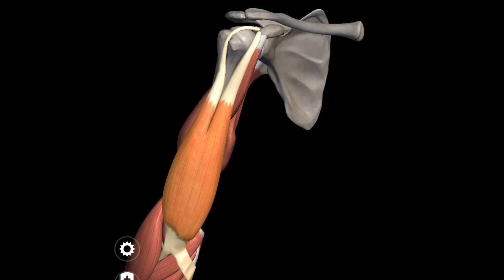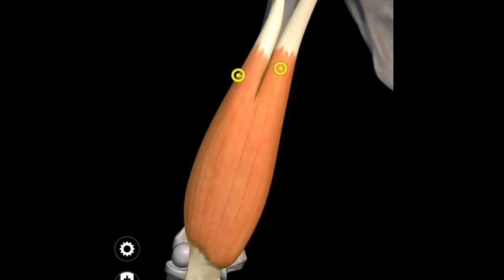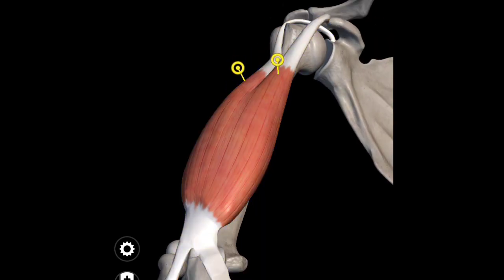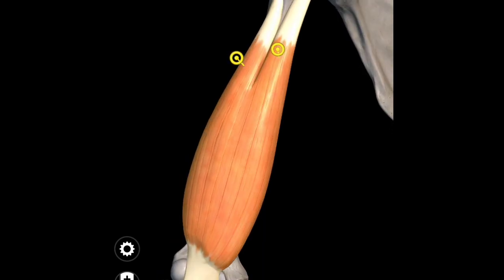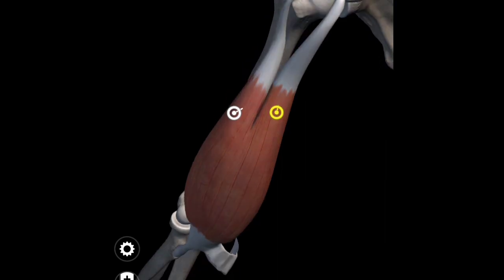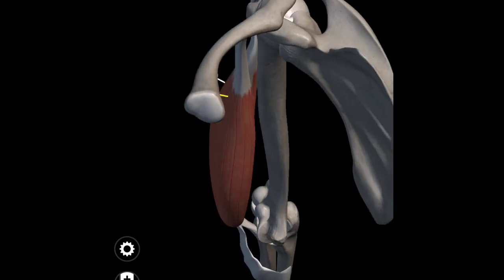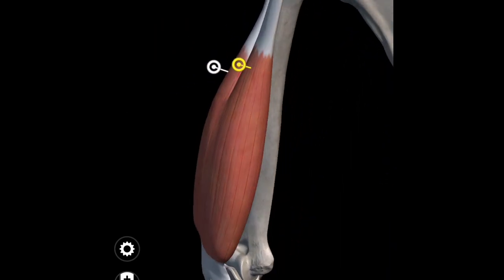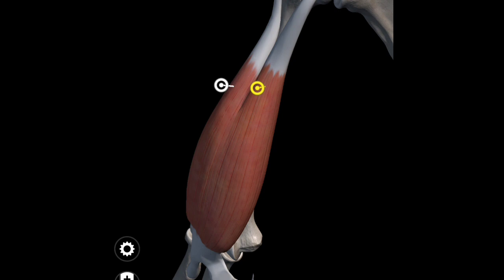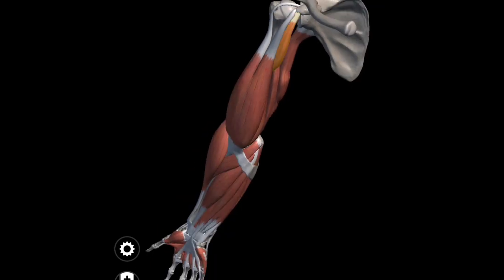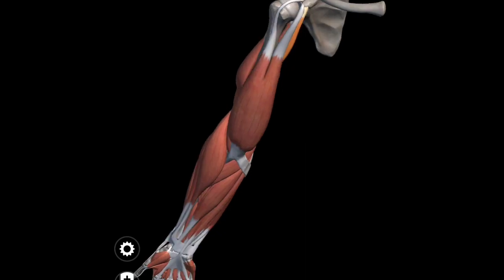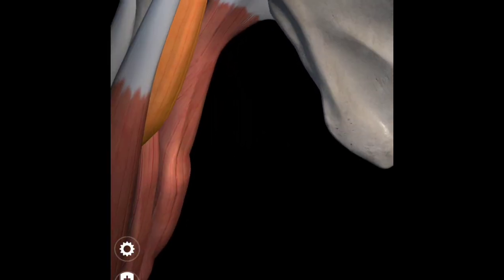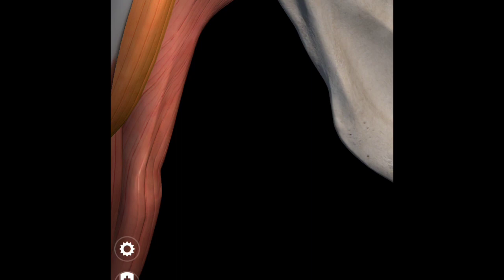Okay, biceps brachii, isolate it, just see here. Here is the aponeurosis, also present. In the biceps muscle there is one long head that moves here and attaches to the supraglenoid tubercle.